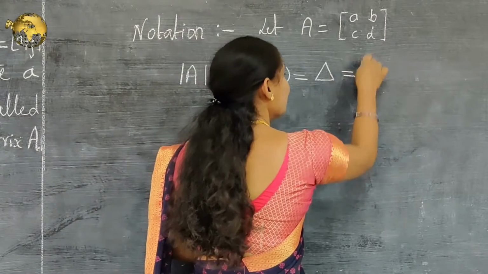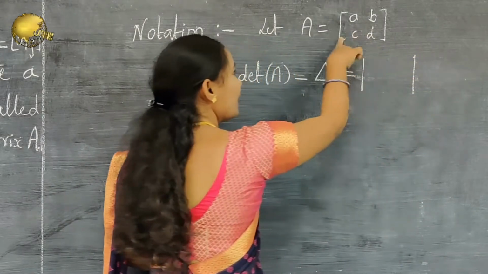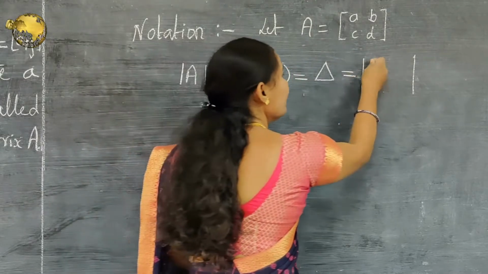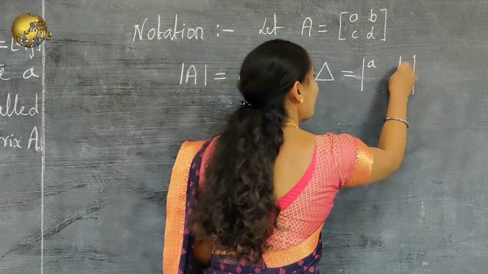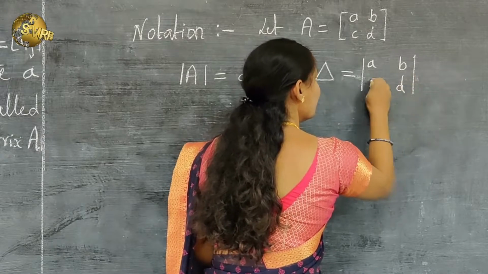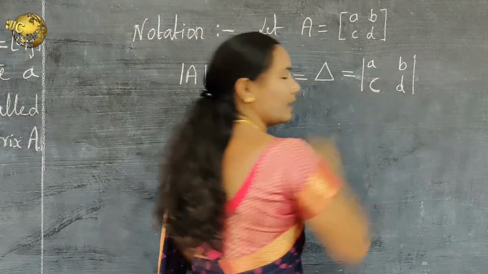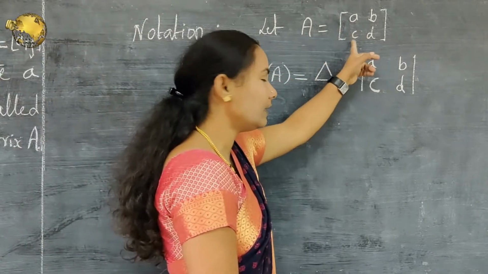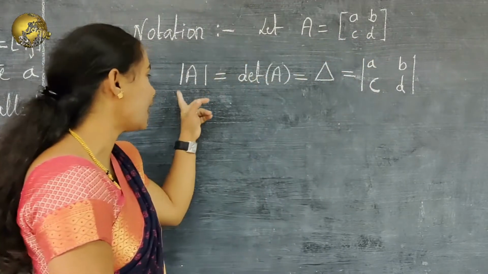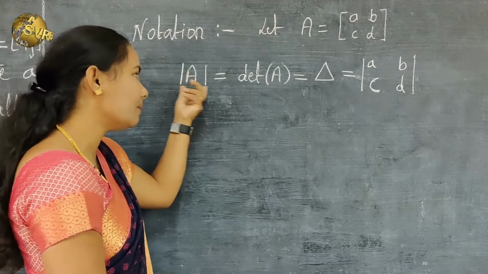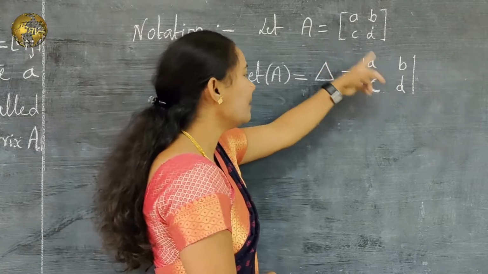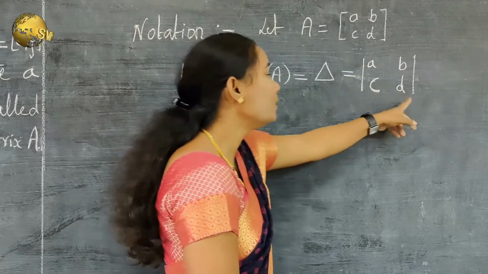The elements of the matrix A can be written inside 2 parallel lines, or 2 vertical lines. So, let A equal to A, B, C, D be the matrix, then it can be denoted by either this symbol or the Greek letter delta, and the elements can be written inside the 2 parallel lines.